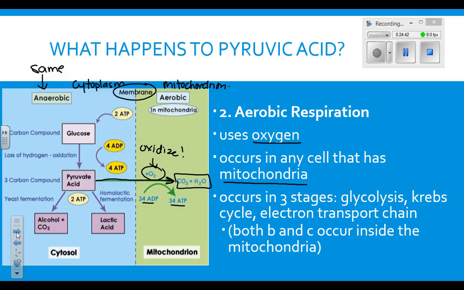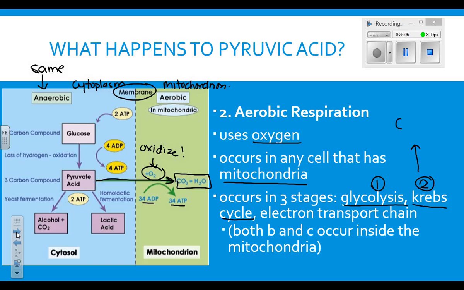Now, aerobic respiration technically has 3 steps. Glycolysis, which happens first, and we already talked about, is the first step. Even though you don't need oxygen for that part, if glycolysis doesn't happen, you can't do the other 2 parts. The Krebs cycle.